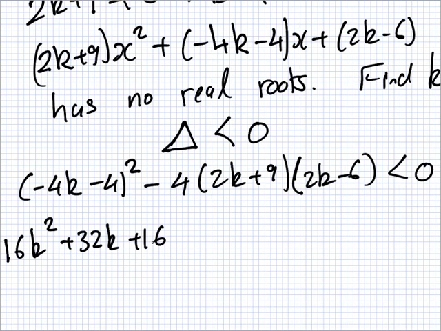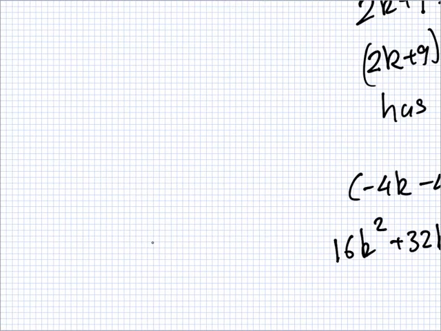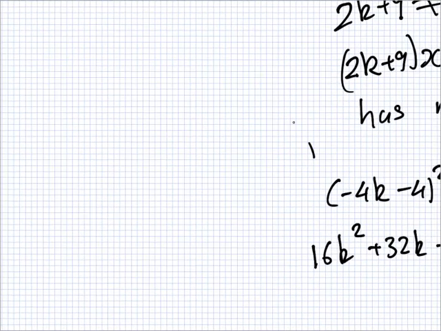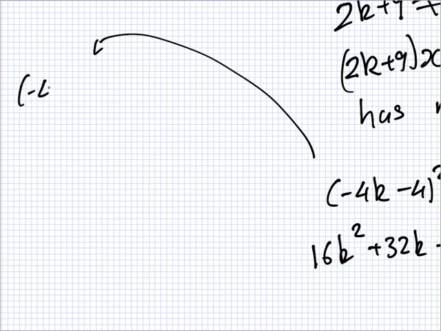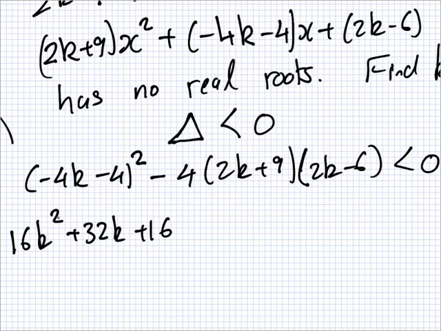If you have a little trouble with that, you can do it on the side of your notebook, because this here is just equal to minus 4k minus 4 times minus 4k minus 4, and you can multiply it out, and I'm sure you'll be left with that. Right? Yeah, that's right.